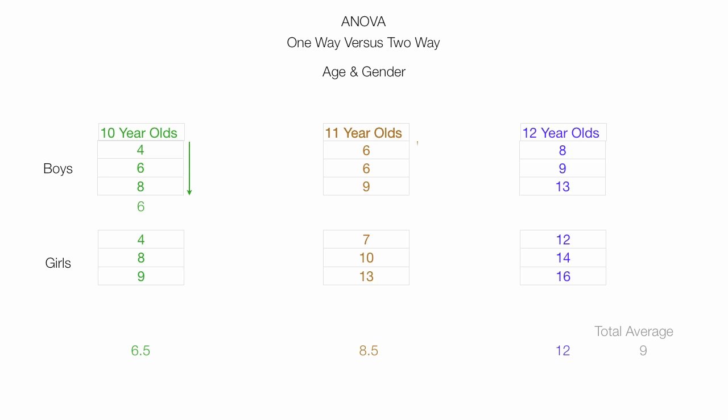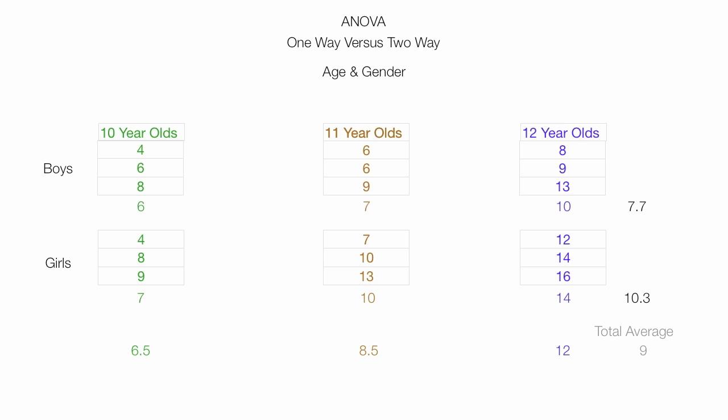I take the average scores for each age group for the boys. Then I take the total average for all boys, which is 7.7. Now I do the same exact thing for the girls. I take the average for each age group, and then the total average for all the girls. And their average score is 10.3.